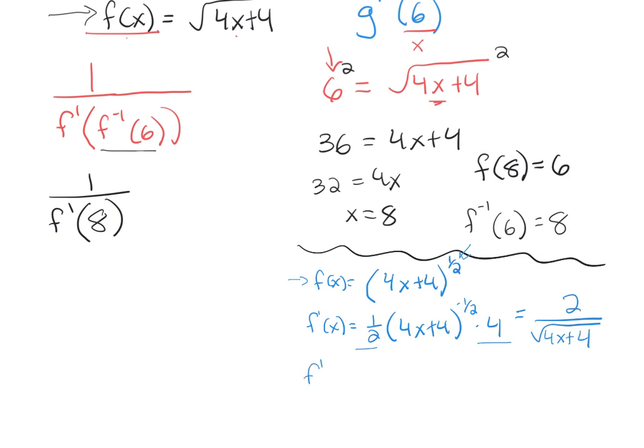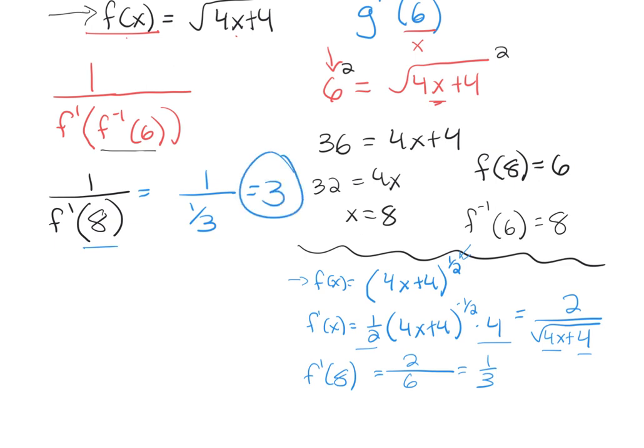So then the derivative of f at 8. So 2 over 4 times 8 is 32, plus 4 is 36, square root is 6, so it's 1/3. So go back up here, 1 over 1/3 is 3.